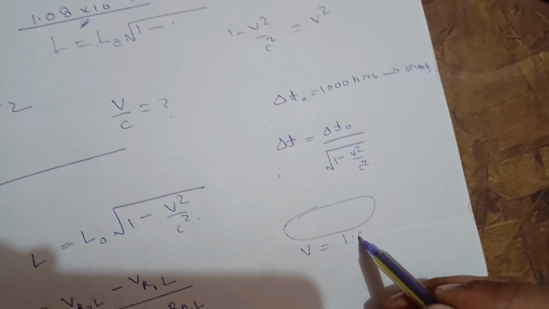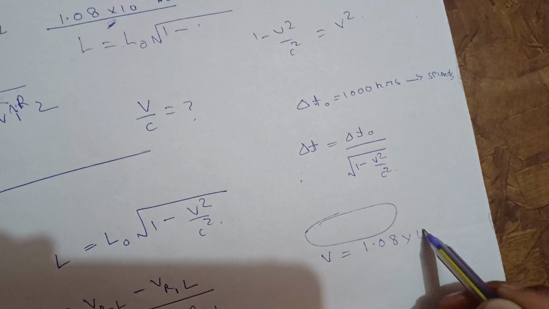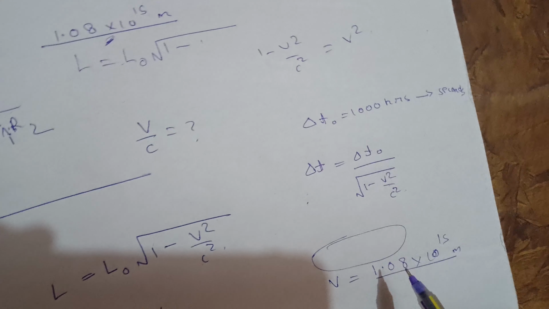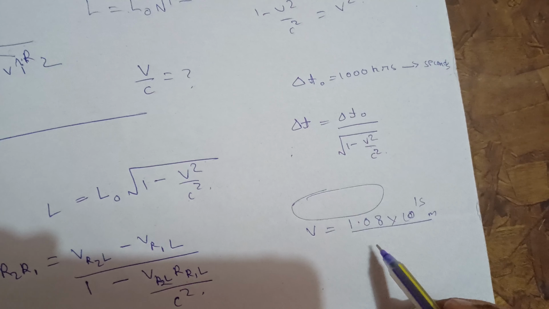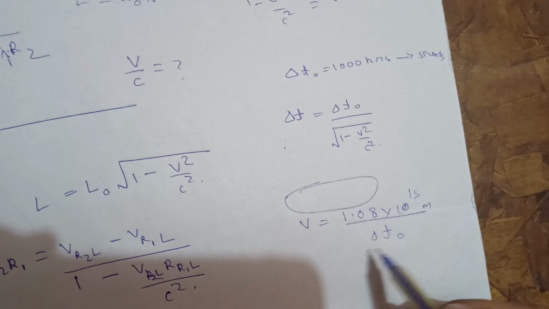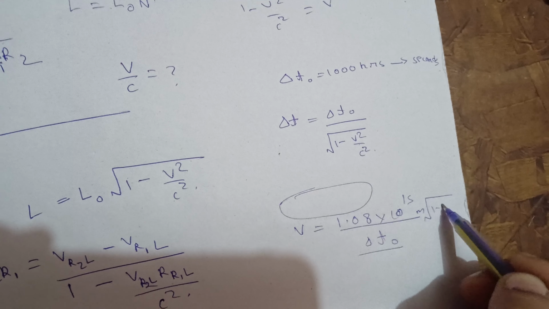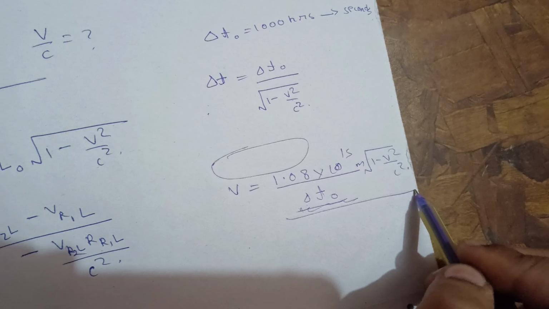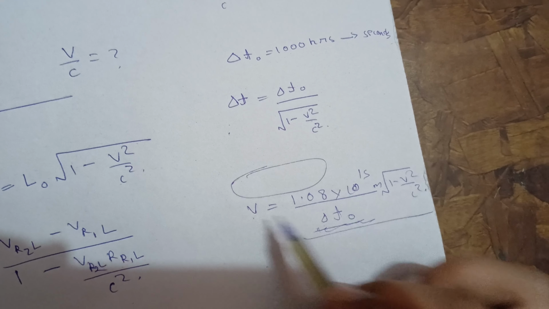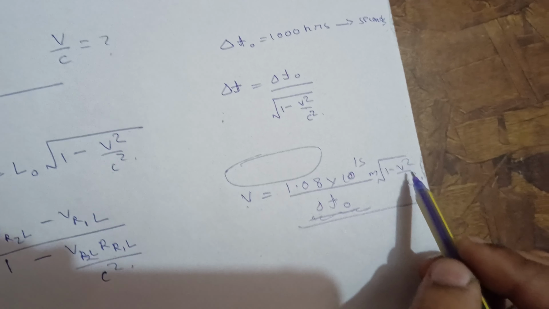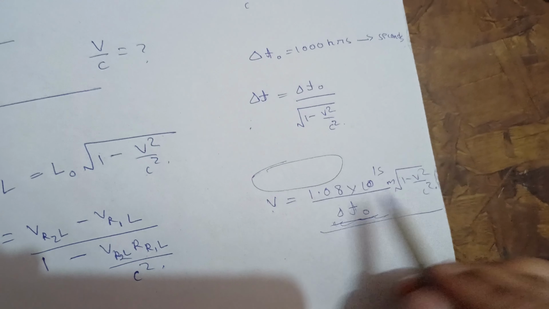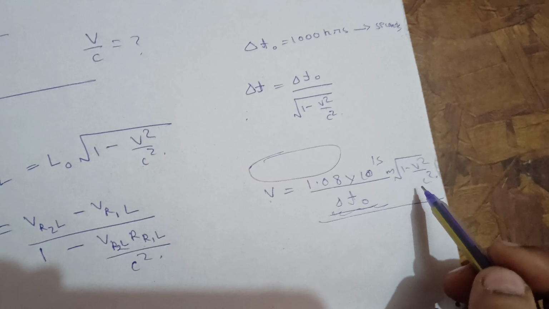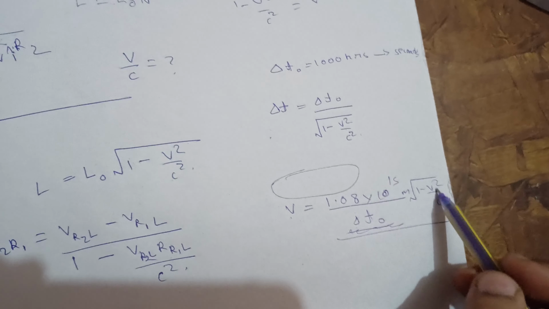The distance is given as 1.08 into 10 to the power 12, which we will convert to meters, divided by the time, which comes to be delta t naught divided by root of 1 minus v squared by c squared. So speed will be this. From here you can find the v term. You just need to put in some values and c, and calculate v from here.